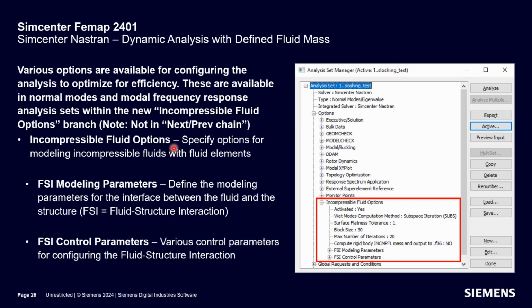All right, so another analysis set manager improvement is that they've added the incompressible fluid options tree to be able to handle all the different options available for the incompressible fluid stuff that we talked about earlier. So there's a lot of new stuff there as well.